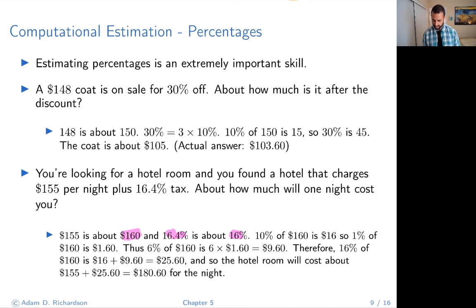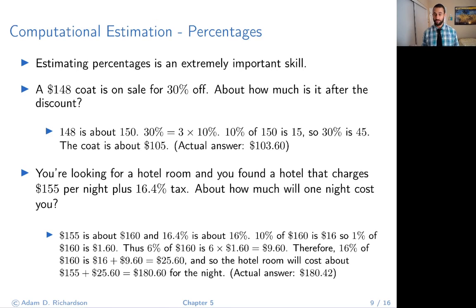And then I went through, okay, so 10% is 160. So 1% is 16. So 6% is 96. Therefore, 16% of 160 is 16 plus 96, which is 25.60. So the hotel room will cost about that much. There we go. About $180.